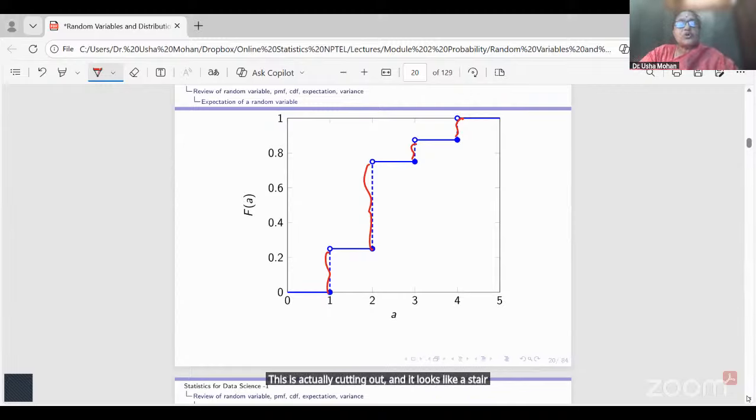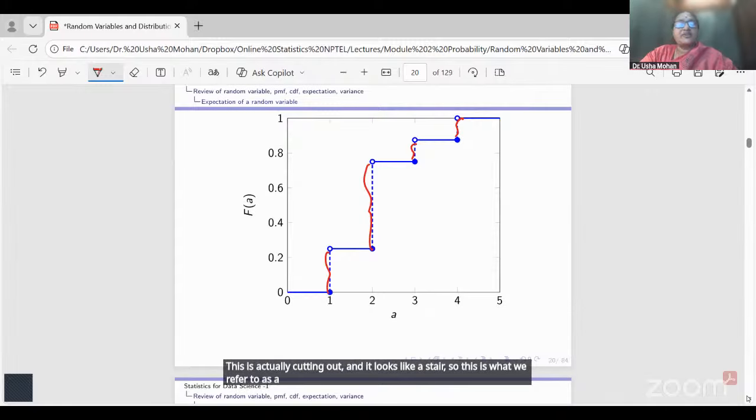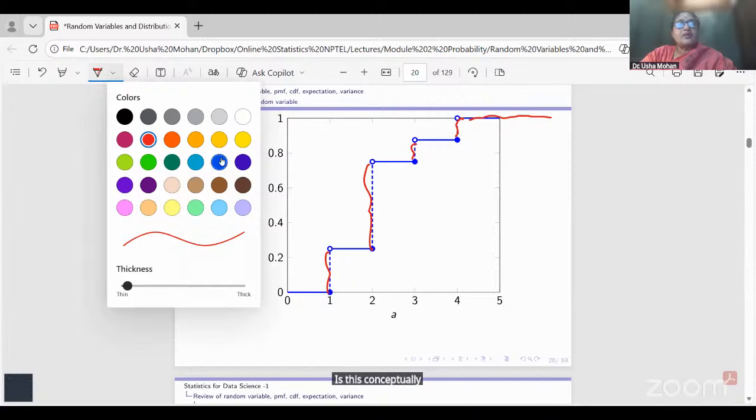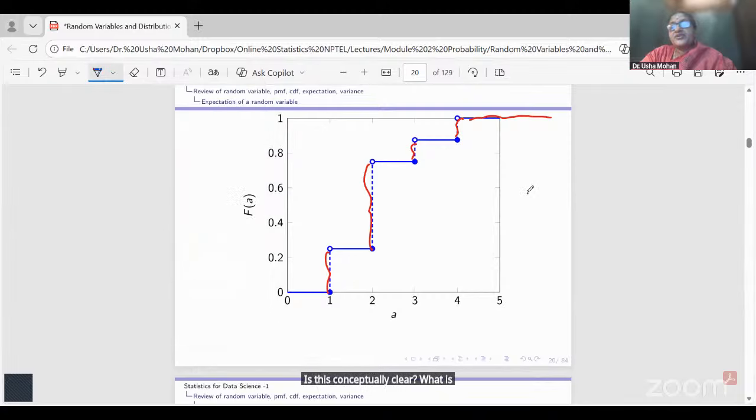But remember, the values of F of a are bounded by 0 and 1. Beyond this, it is going to remain at 1 no matter what the value is. Is this conceptually clear? What is a step function and a cumulative distribution function?